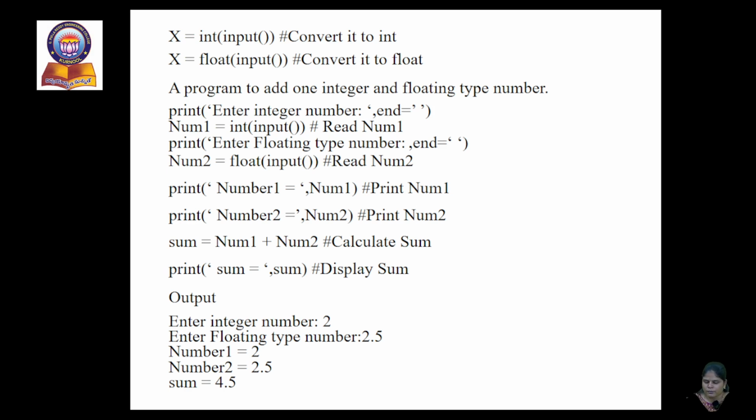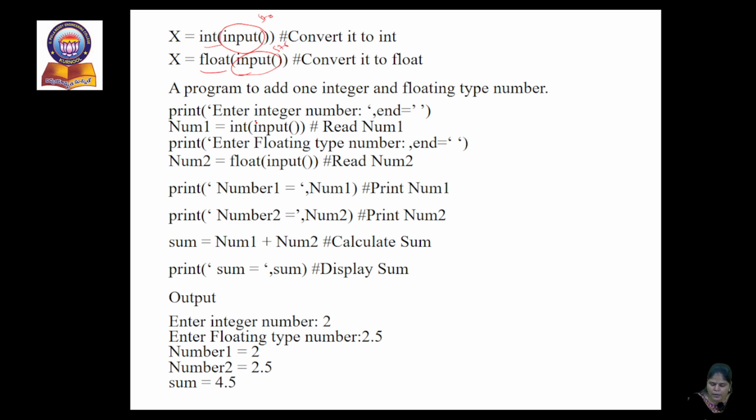Same program for conversion. So what I have done: x equal to int of input, which is used to convert this string to an integer. Here the string will be converted to a float, right?